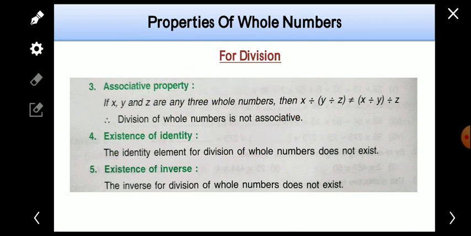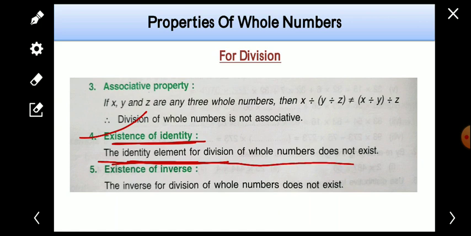So what is the identity for division? There is no such number. So the identity element for division of whole numbers does not exist.